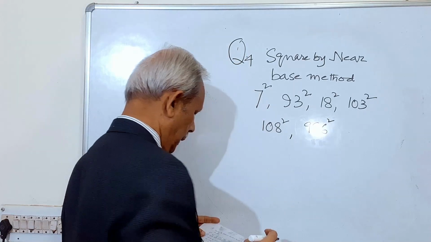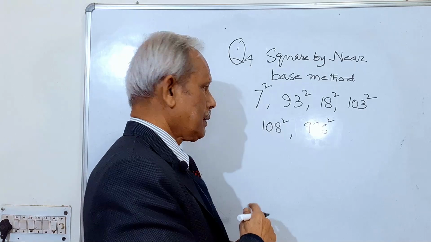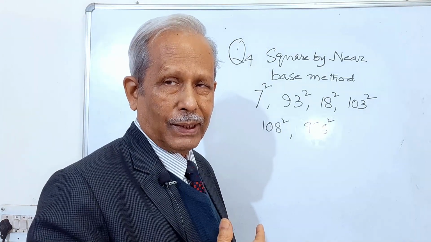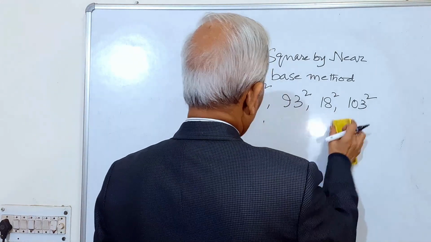Right? So write down these questions, practice it yourself, do it yourself, then come back again after pause. Right? So I hope by now you have completed the questions. Let us try to do it.